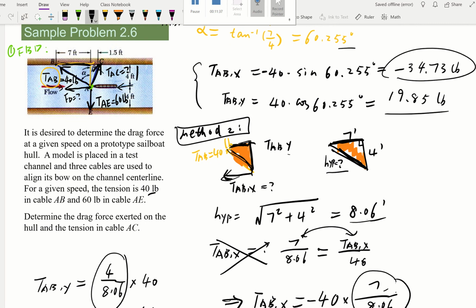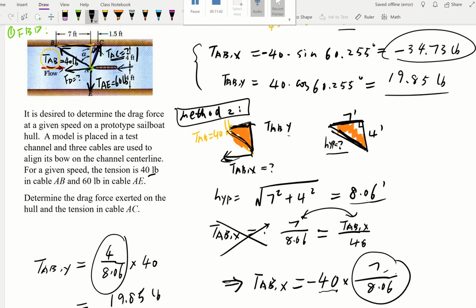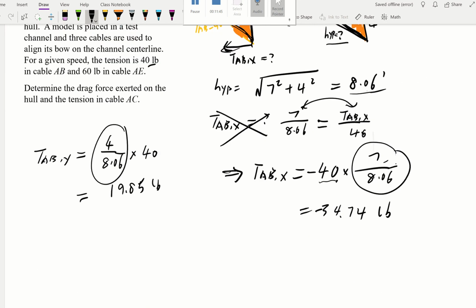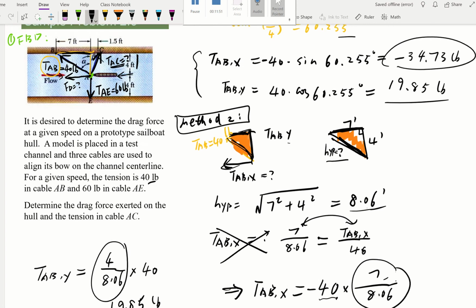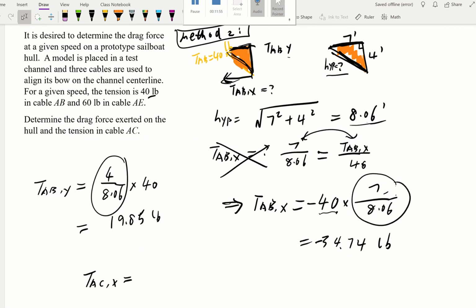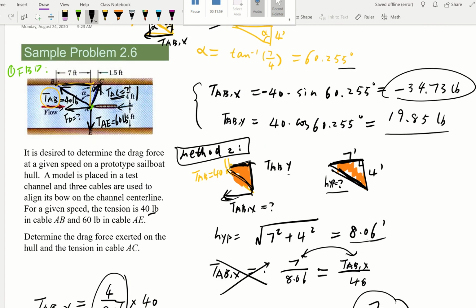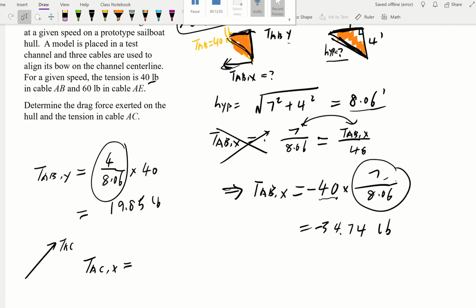The same thing, you can find the TAC. Okay, so in that situation, we are going to look at the TACx. For TACx, we're going to use the geometry, and we're going to copy it down here. This is our TAC. We don't know the angle, but we know this is 1.5 foot right here.